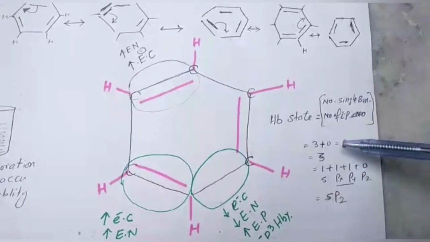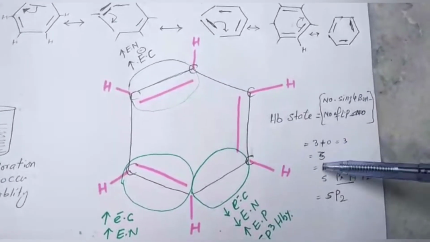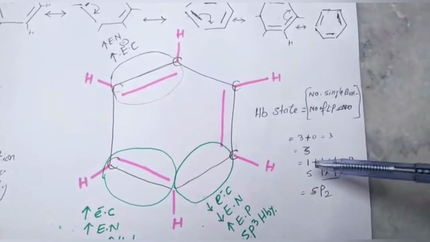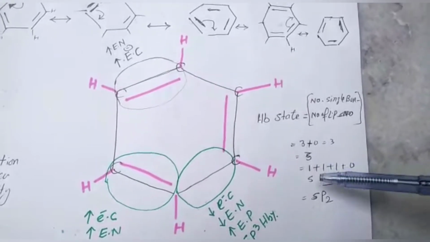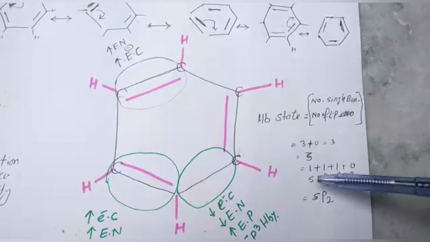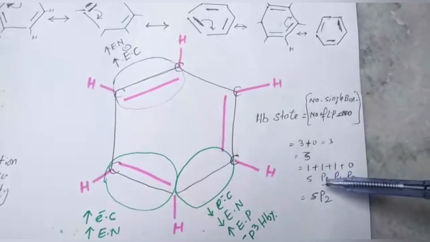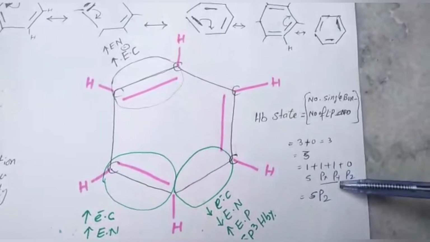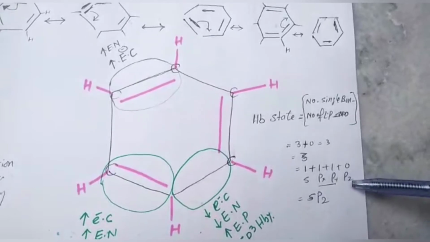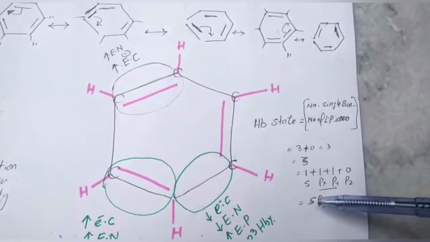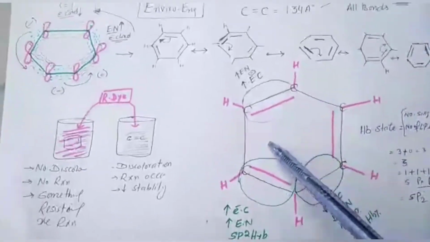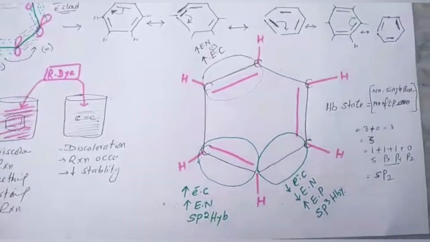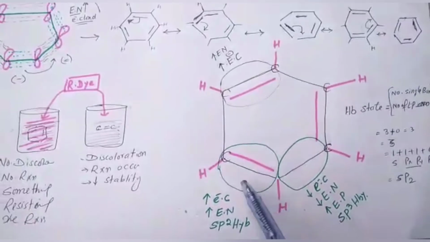So 3 plus 0 is equal to 3. Now 3 is equal to 1 plus 1 plus 1 plus 0. So this one is S, this one is Px, this one is Py, and 0 is left for Pz. That is 1 S and 2 P, so sp2. So all carbons in benzene are sp2 hybridized.